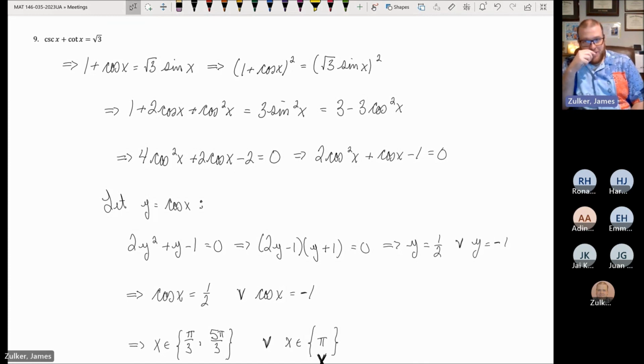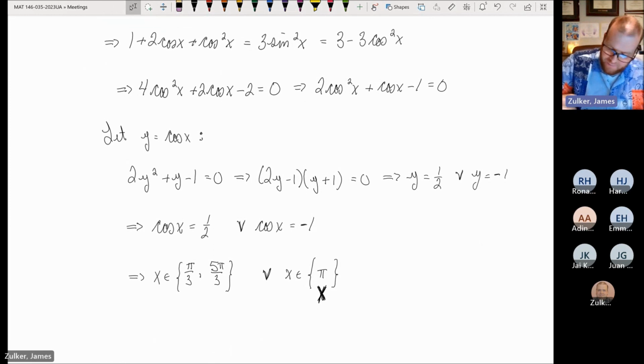That's also not going to work, by the way. Both cosecant and cotangent are going to be negative at 5 pi over 3. You can't get a positive by adding two negatives. So that doesn't work.